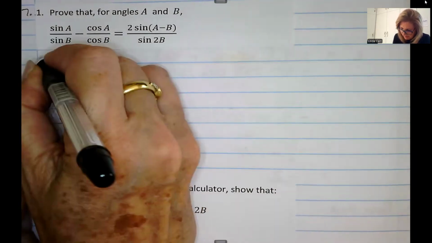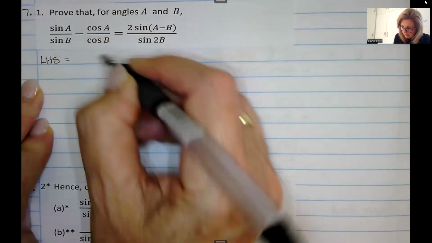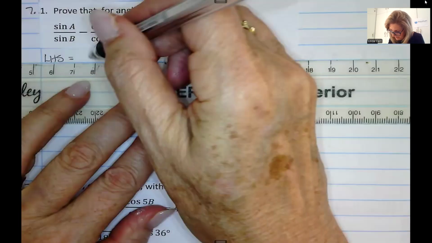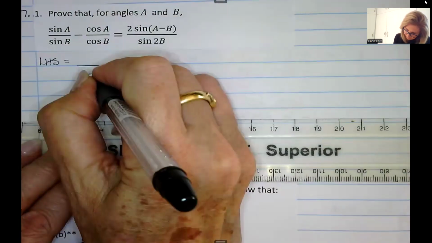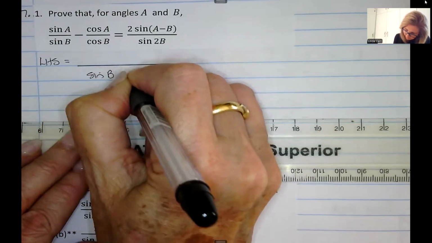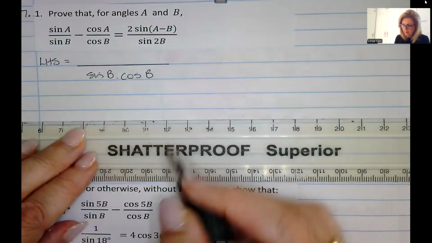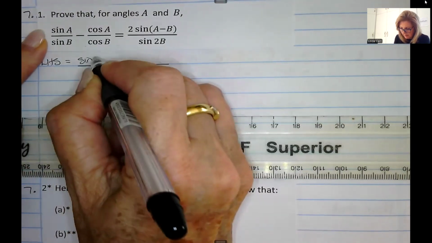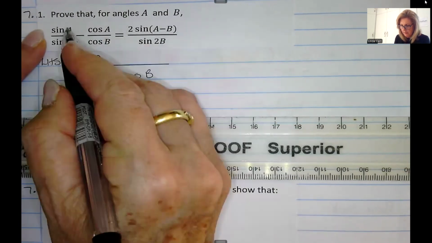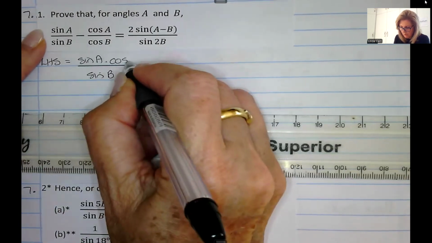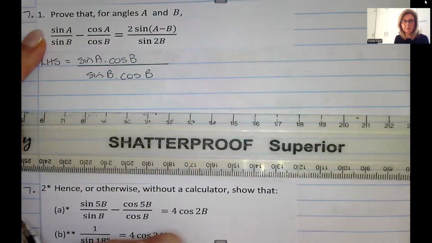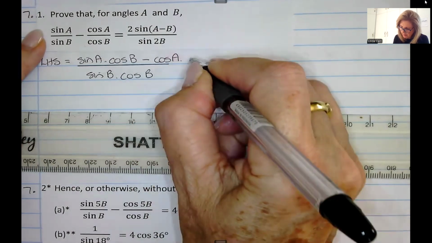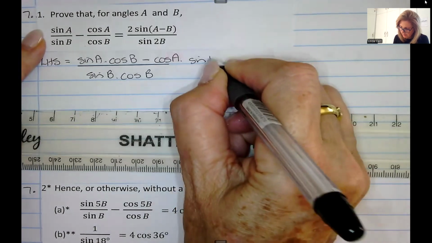So my left-hand side, I'm going to get a common denominator of sine B cos B. Which makes my numerator sine A times cos B to make up for the denominator, minus cos A sine B.